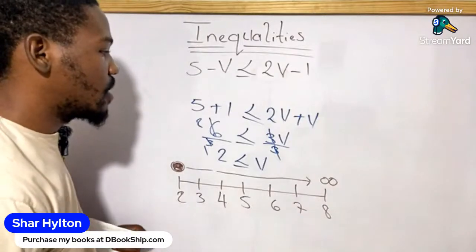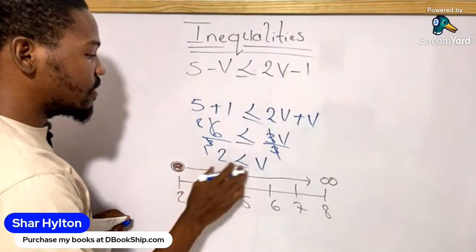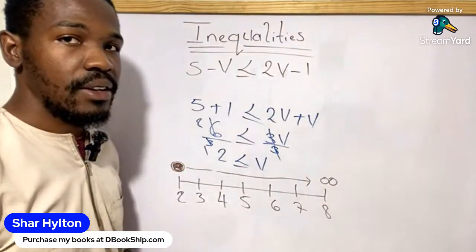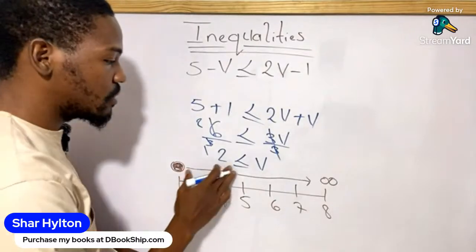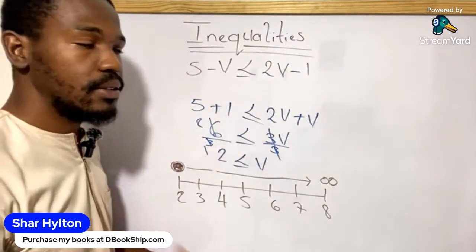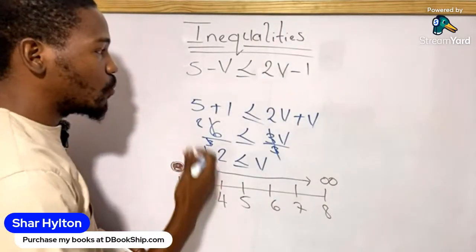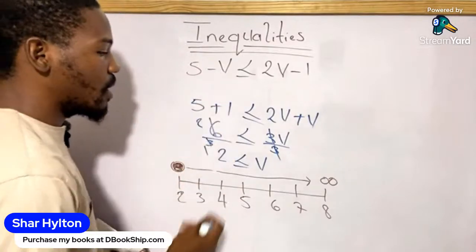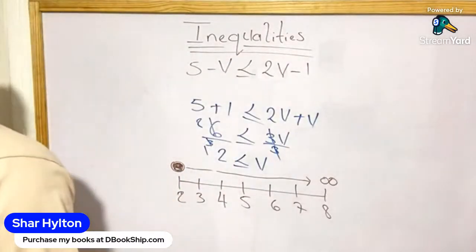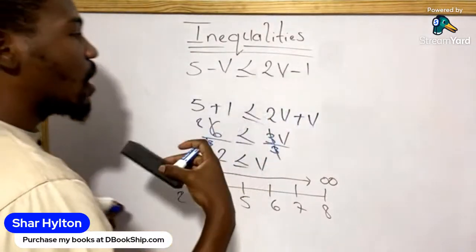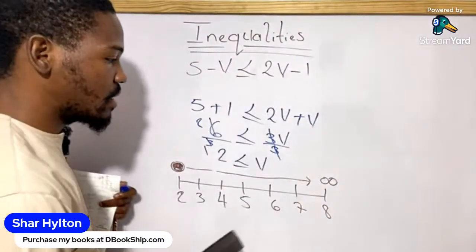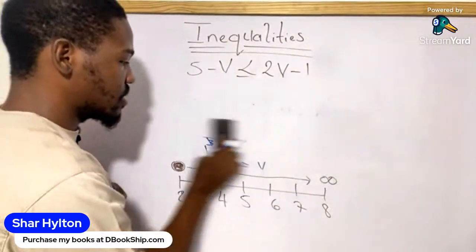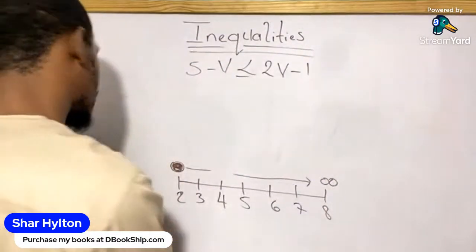So the idea is that if v is greater than or equal to 2, we can check to see if this would actually result to be true, right? So just going to erase this, and we're going to check some values.